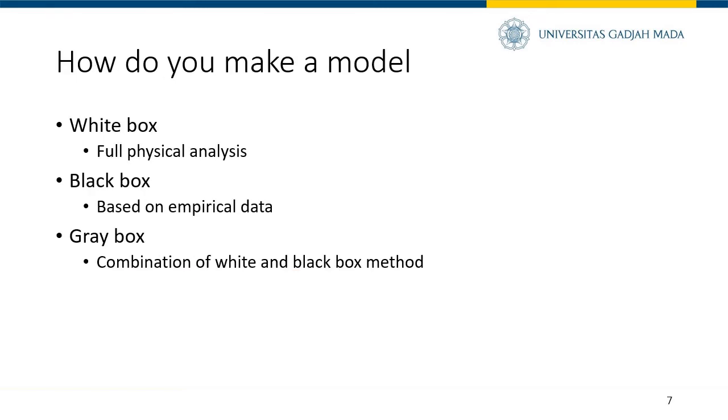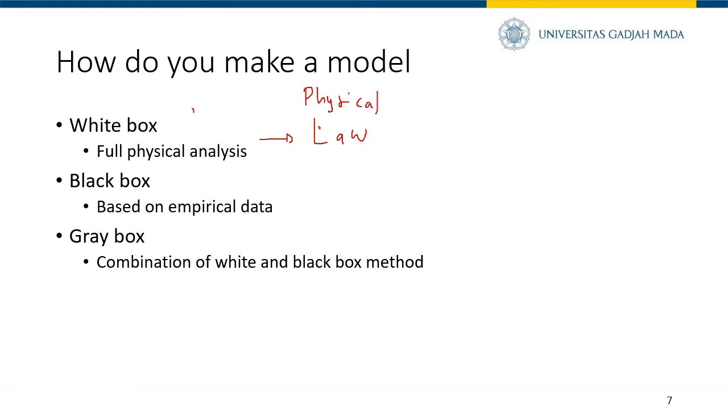So how do you make a model? In general, based on Ogata's book, we have three methods. The first one is white box. We need to learn about the white box. This one is based on physical law.